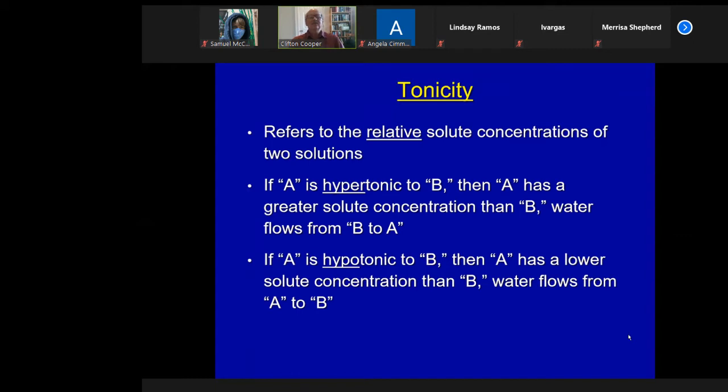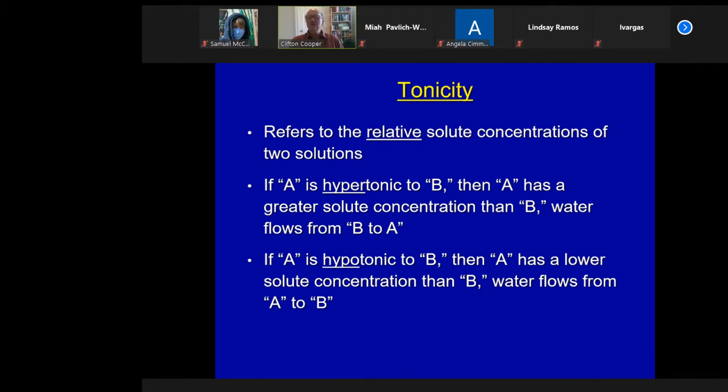And a different way to look at it, if the A side is hypotonic, it has lower solutes. Can you think of another medical condition that starts with hypo? Hypothermia. What's that involve? Your body temperature got too low. Yeah, it's low.